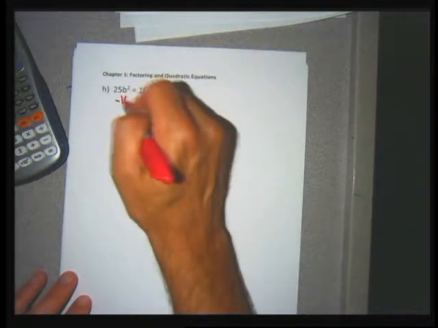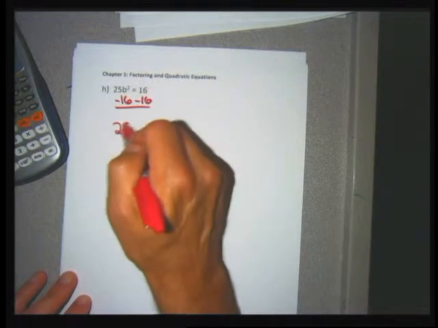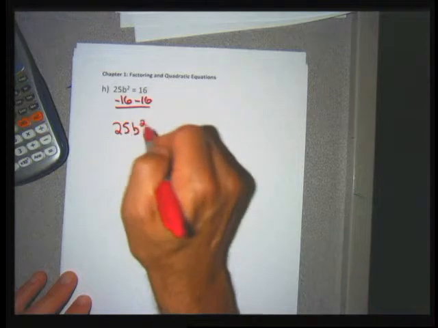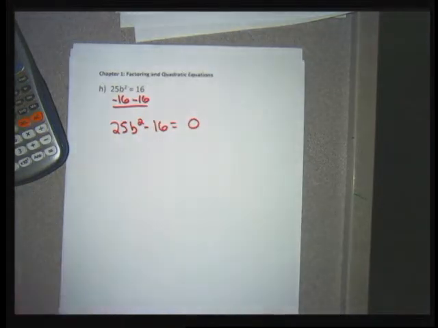For h, it's not set equal to 0, so I'm going to set it equal to 0. I don't have any factoring to destroy, but all these number 2s have to be equal to 0. And so I'm going to go 25b squared minus 16 equals 0. And it's going to factor just like the last problem. It's a difference of squares. I'm going to square root the numbers, divide the exponents by 2.